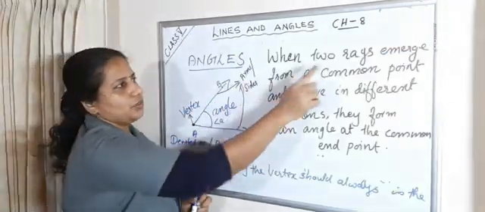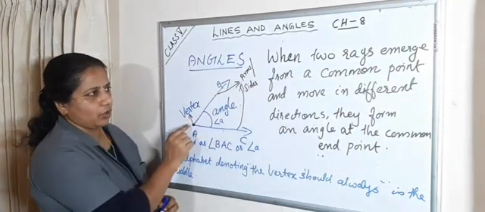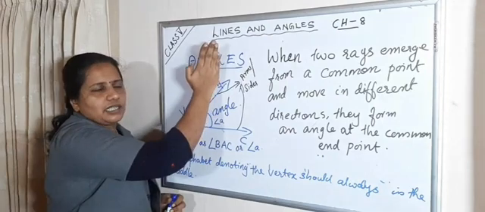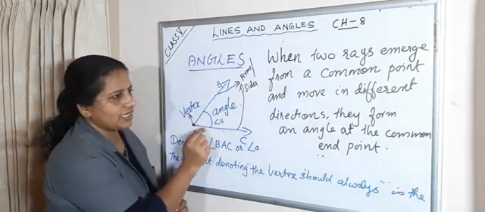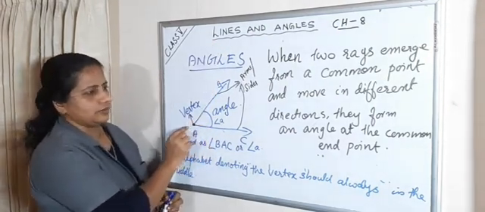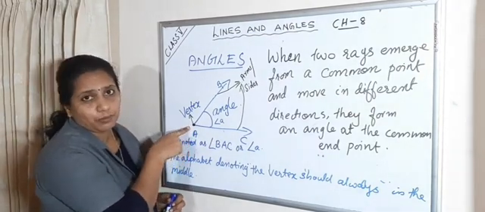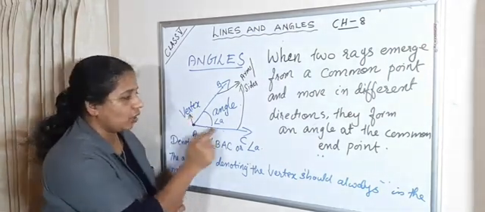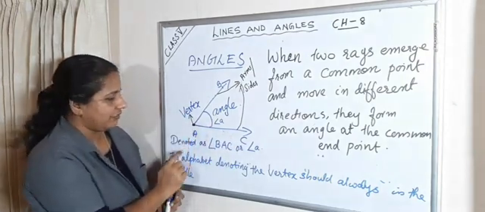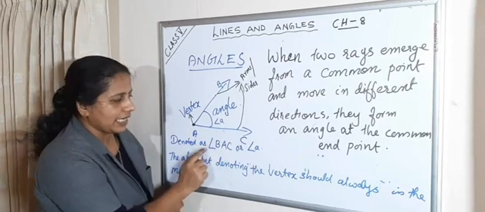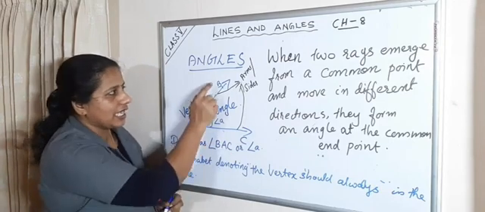That is, when two rays emerge from a corner point and move in different directions, they form an angle at the corner. Angle at the common end point. And we can denote the angle as angle BAC.